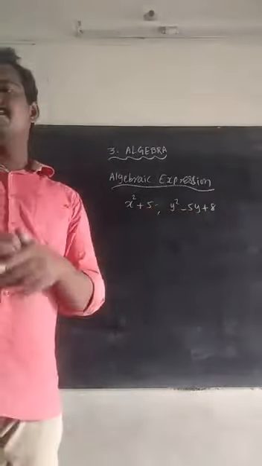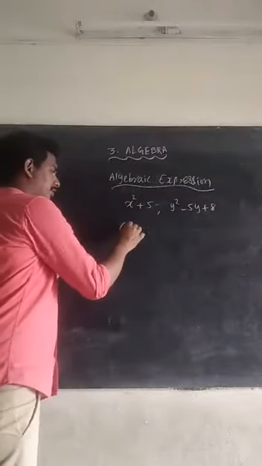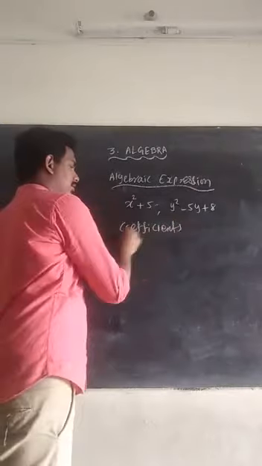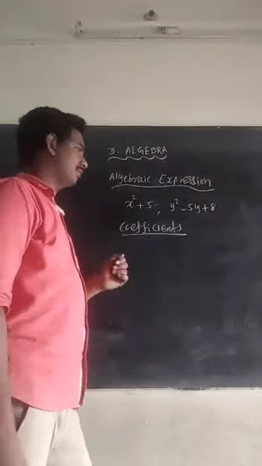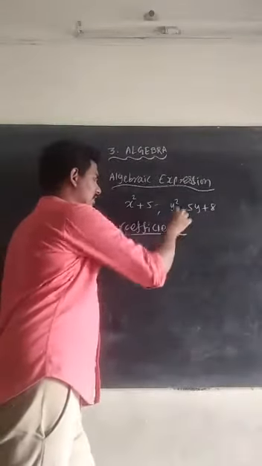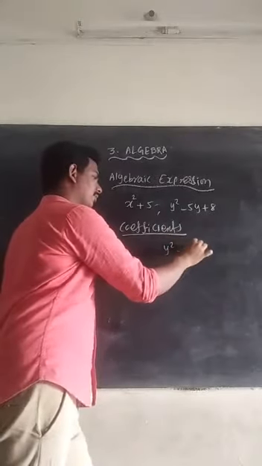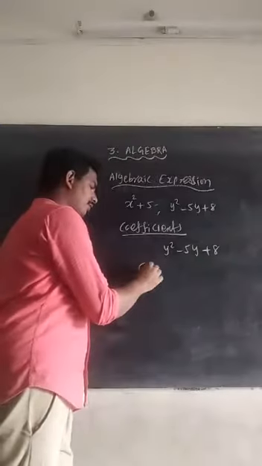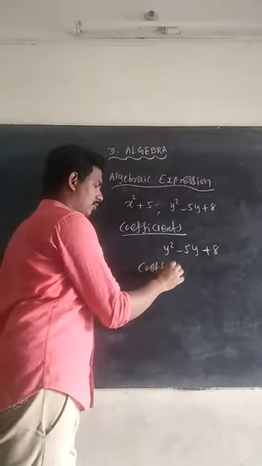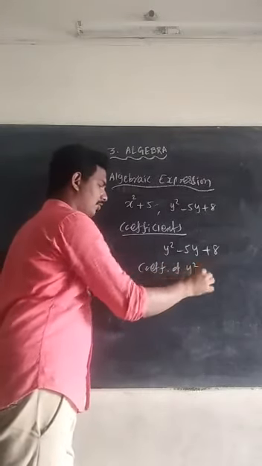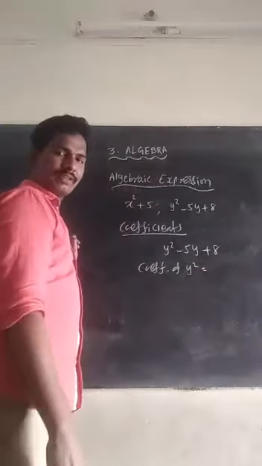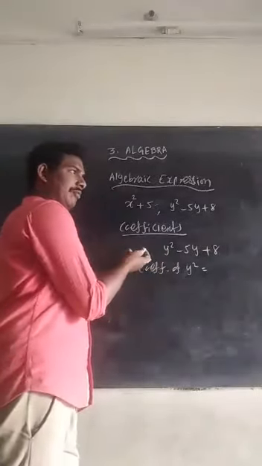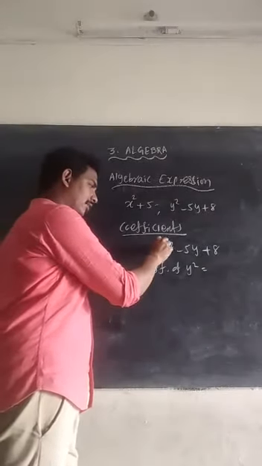Okay. Next, we are going to see coefficients. What do coefficients mean? We can take y square minus 5y plus 8. What is the coefficient of y square, they are asking. If they ask the coefficient of y square, see, is any number there before y square? No. So we take that as 1.